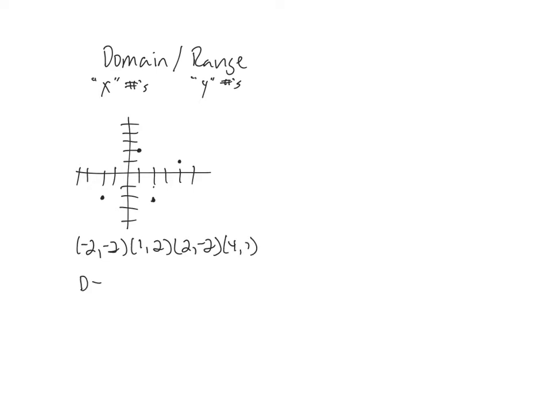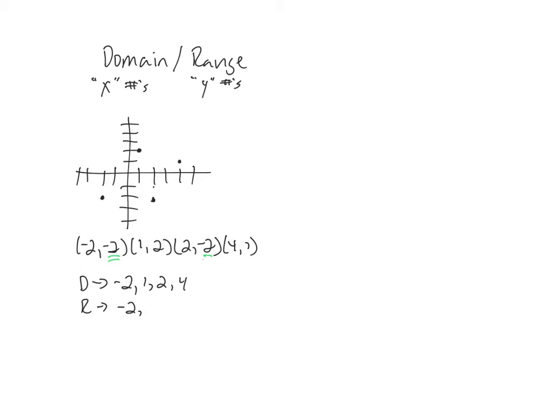So the domain is all the x numbers. And really the order doesn't matter, but usually the book writes them from smallest to biggest. So that's another reason why I went left to right. So the x's are already like that. So the range, I have -2 from right here.